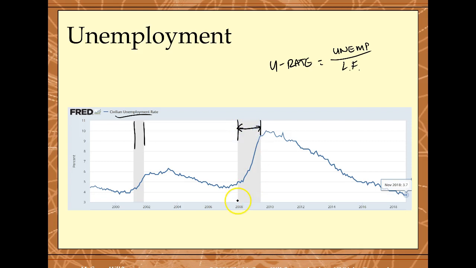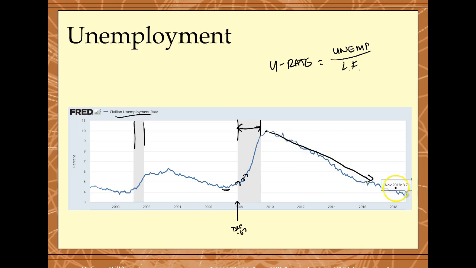And you could see that we went into a recession in December 2007. And you could see that's when the unemployment rate started to really climb, and it shot up. So it was at a low right about here at about 4.2%, and then it peaked at 10% right here. And it took a long time to fall.